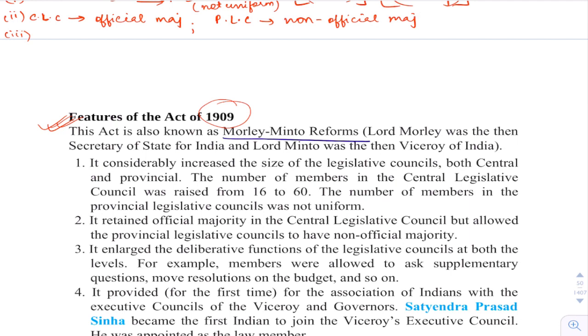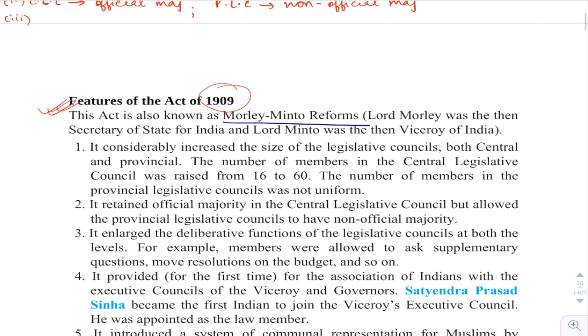Now in both these legislative councils, central and the provincial, what happened? जो deliberative functions थे, deliberative functions मतलब they have given these examples like asking the supplementary questions. So if अगर आपने parliament sessions देखा है, you know about the question answering thing there. अगर आपने देखा है तो if you have not done, we'll be seeing the parliament chapter anyways and we'll try to discuss the procedures that are happening in practical life also. मतलब practically जो होता है और live दिखाते हैं TV पर.